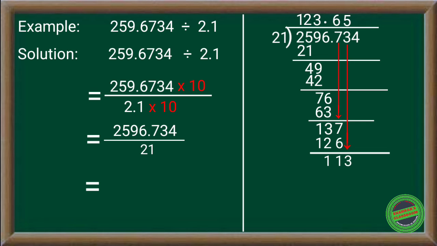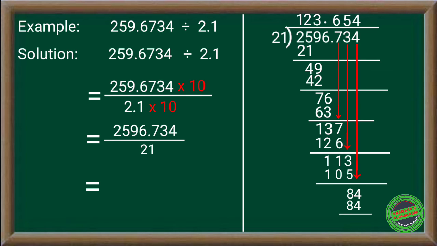By 5, yes, 105. Then after subtraction, how much is the result? I think it is 8. Yes, 8. So the next digit is 4, then 21 4s are 84. So this is completely divided.